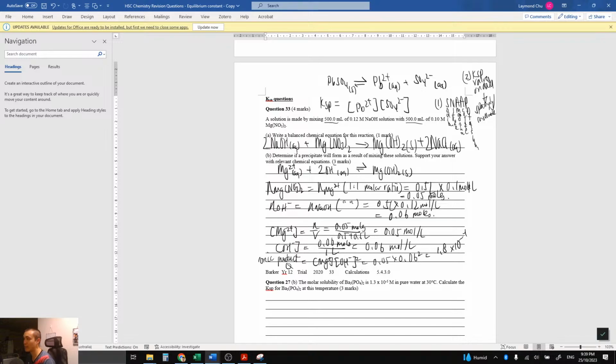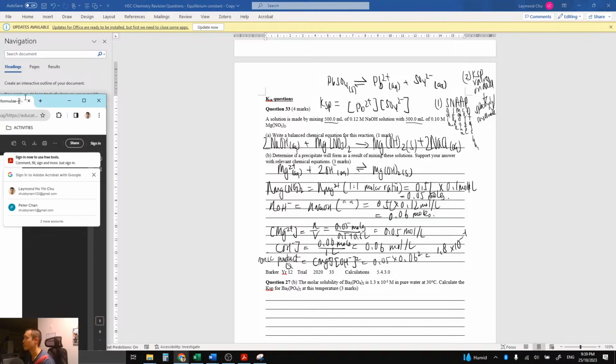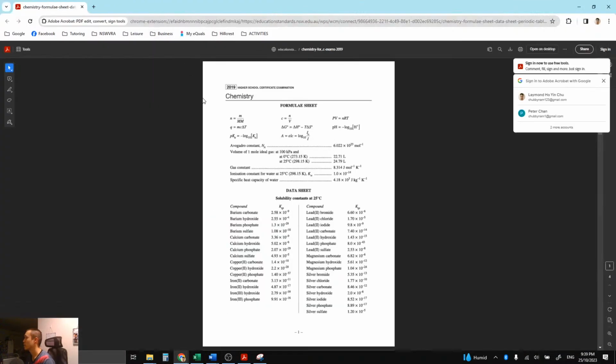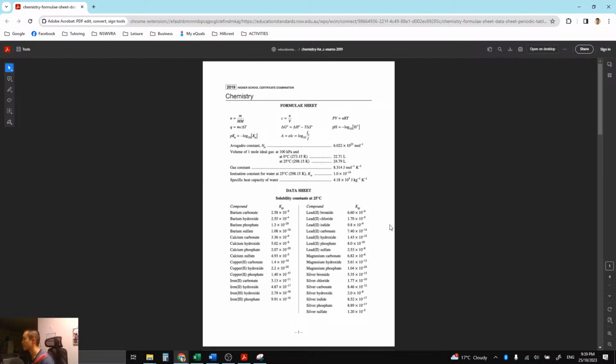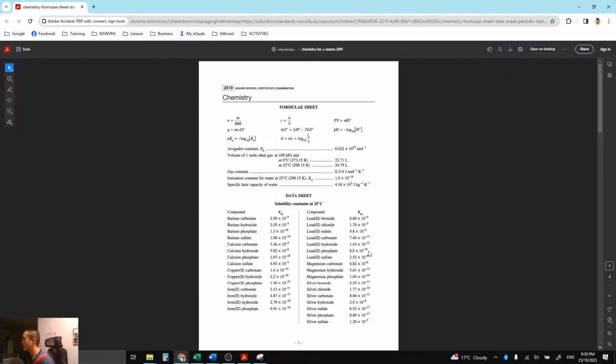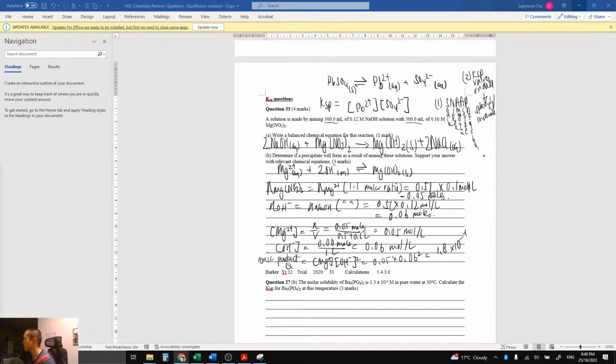Now our KSP value of magnesium hydroxide is 5.6 times 10 to the negative 12. Okay, so is that greater or less than 5.6 times 10 to the negative 12? That number is greater.